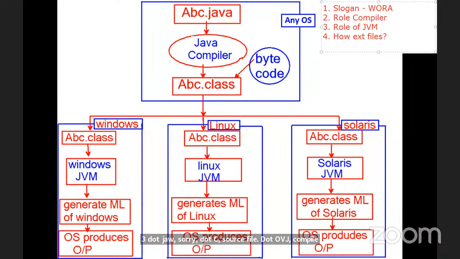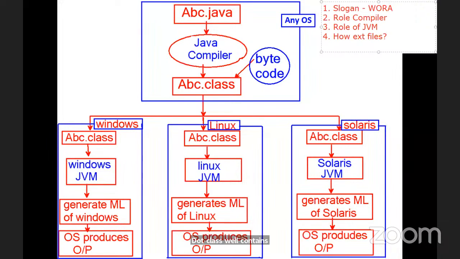So in C and C++ we have three types of files: source file, compiled file, executable file. Okay. In Java, how many extension files are there? Only two. One is source file. Second one is compiled file. Source file contains the source code you have typed, and the compiled .class file contains bytecode, which is common to all operating systems.